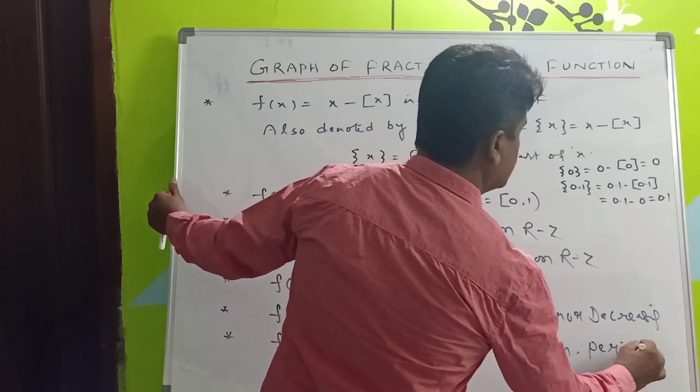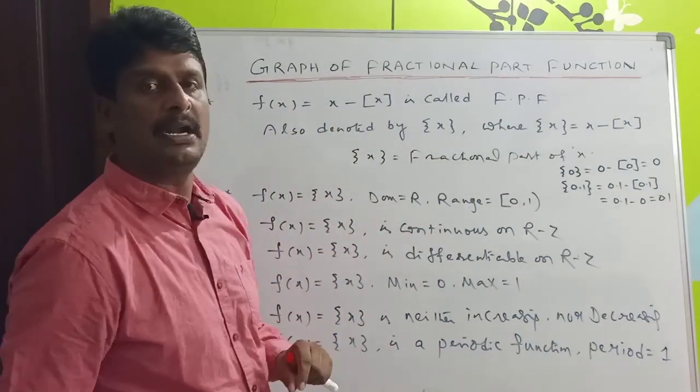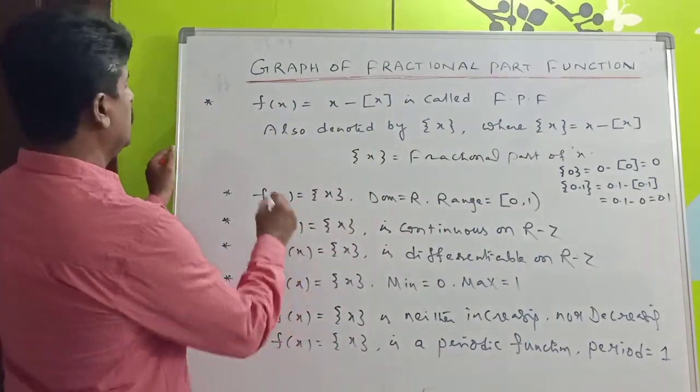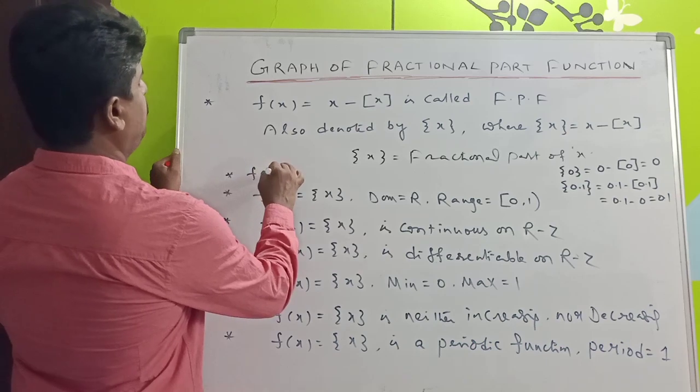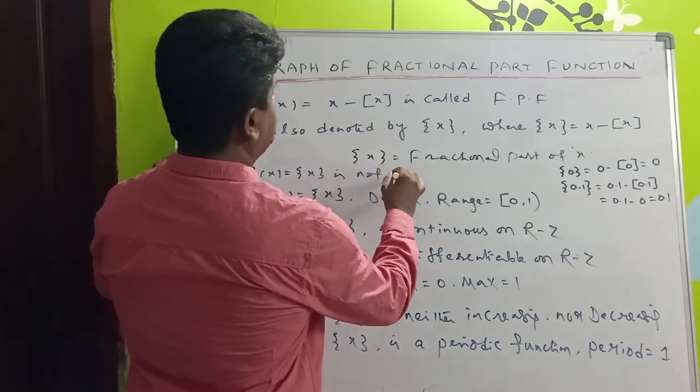Its period is 1: for every interval of length 1, that length 1 is called its period. And f of x equals the fractional part of x is not a one-one function.